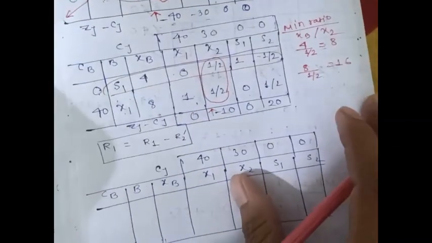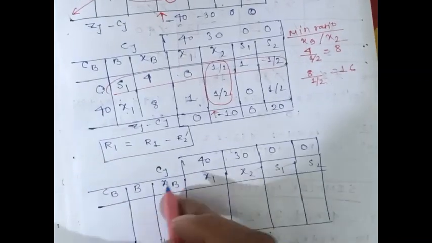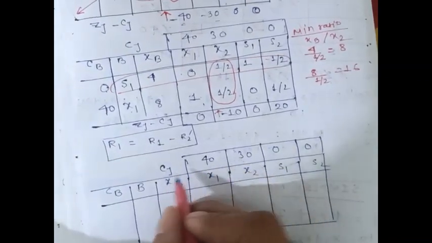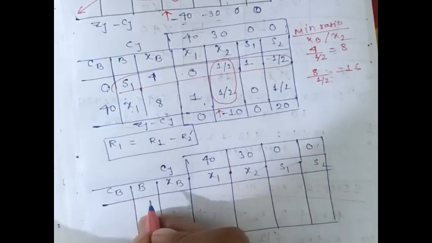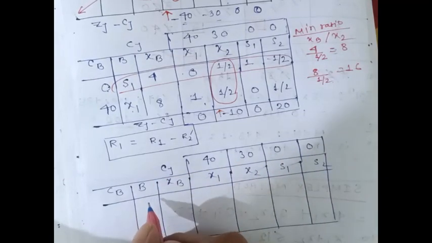Okay, so now with the help of this table we will draw another table. So it is our table. You can see that the values of cj will remain same every time. So here the basic variable is, in place of s1 it will be x2. So x2 is incoming, and it was x1.